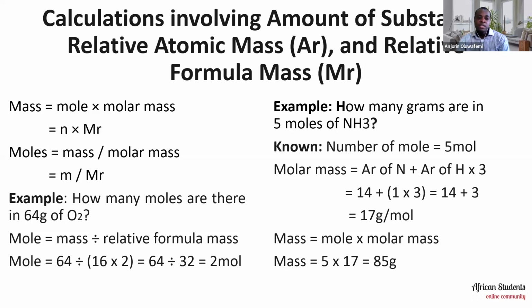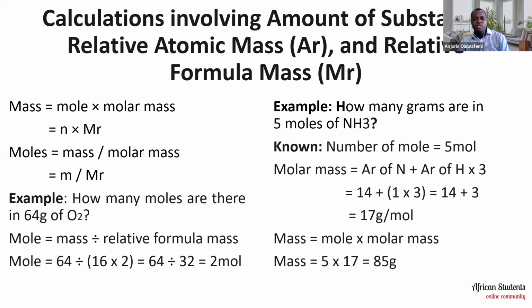The second example says, how many grams are in 5 moles of ammonia? Now, what are the things that we know? We know the number of moles to be 5 moles. We know the molar mass to be 17 gram per mole. So therefore, we can calculate the mass by saying that mass equals mole multiplied by molar mass, and then the mass equals 5 times 17, which is 85 grams.